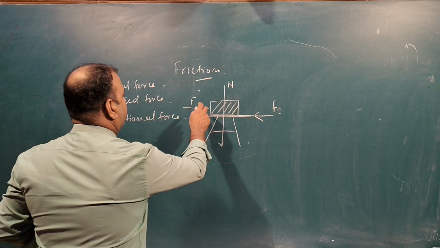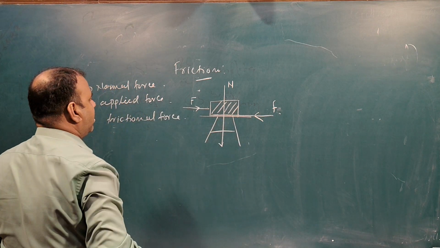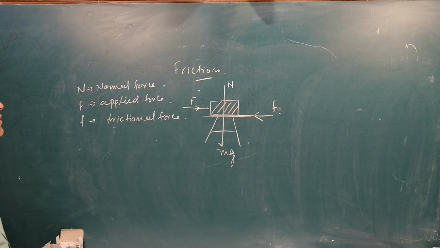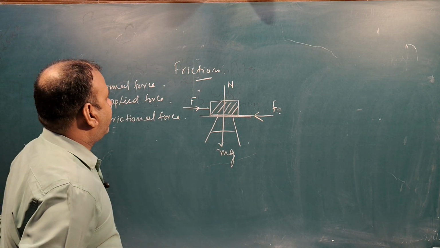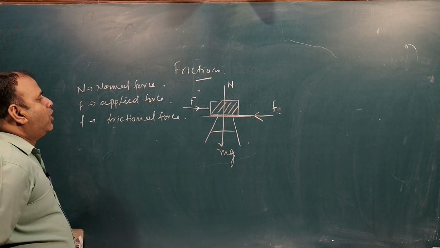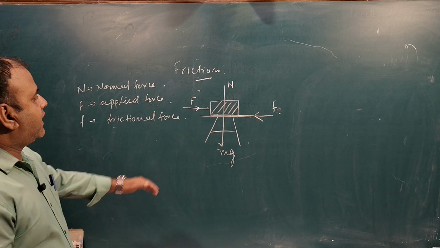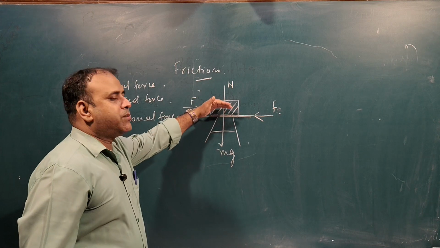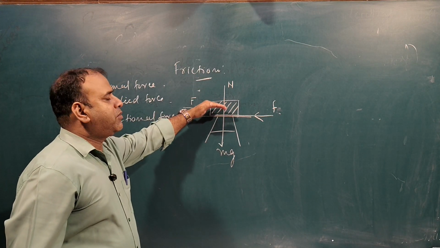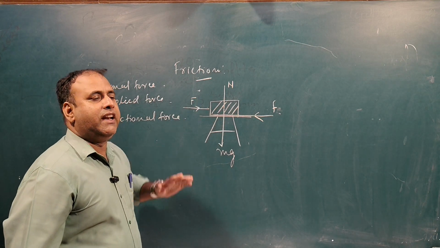Normal force means this force acts upward against the downward weight. Now, the force of friction always depends upon the weight of the object. If the object's weight is more, then friction will be more. If the weight of the object is less, friction will be less.